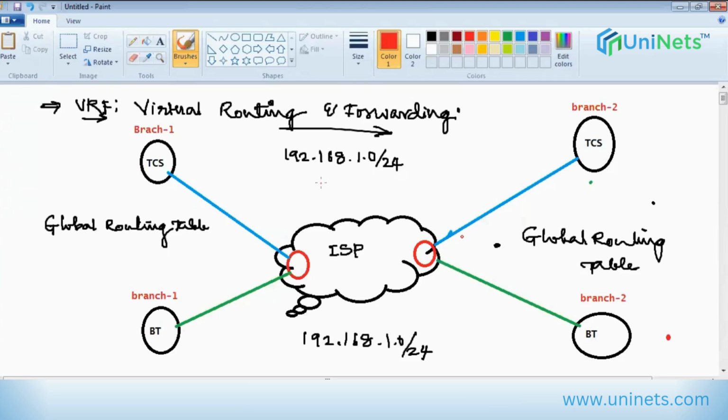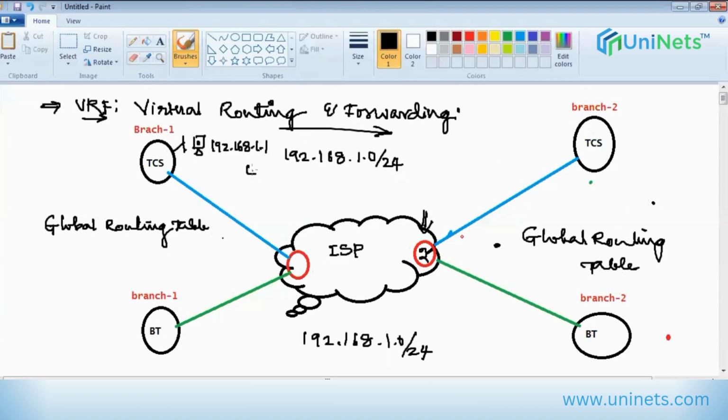Let me think that this particular ISP router 2 has two equal cost paths. The branch 2 networks of both TCS and BT are at equal cost from this router. Now a PC has generated traffic from 192.168.1.1.